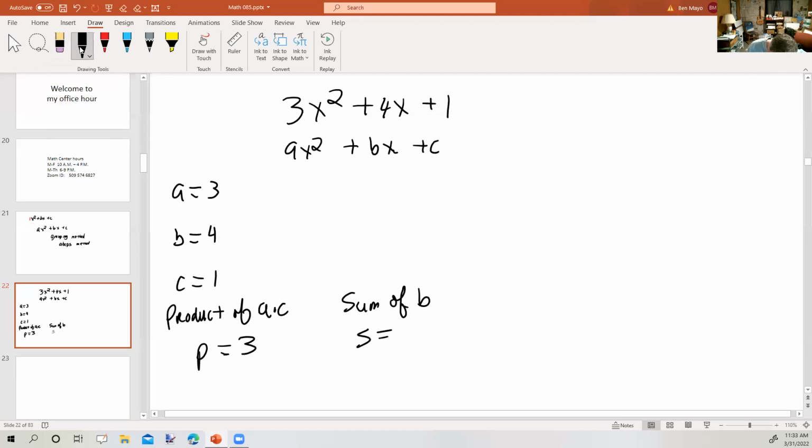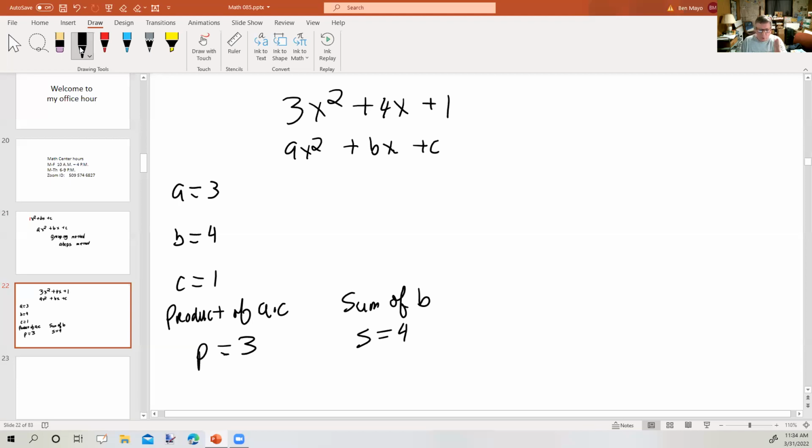So the sum is 4 because b is 4. My bad. All right. Similar to yesterday, we found a product and a sum, only instead of the product being the last term constant and the sum being the middle coefficient, now the product is the product of the first and last terms coefficients, that is a times c, and the sum is still b, the coefficient of the middle term, okay? You can already see where I'm getting A, B, C, P, S.